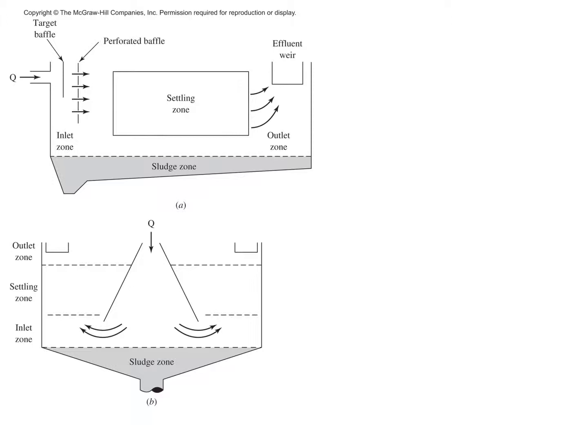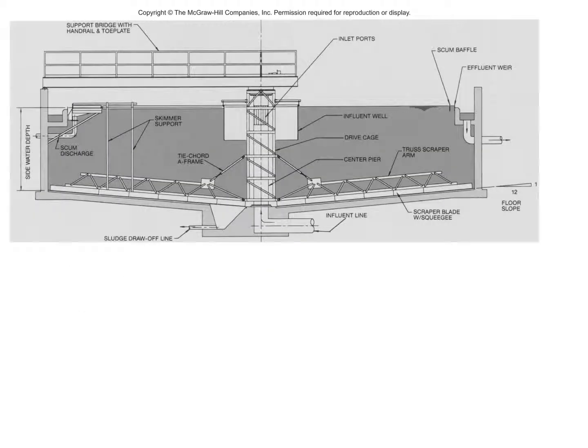Again, another view. A at the top, B, and again you see the sludge zone at the bottom. Here the settling zone is in the middle, and that's the inlet zone. You take the purified wastewater from the top as the outlet zone.